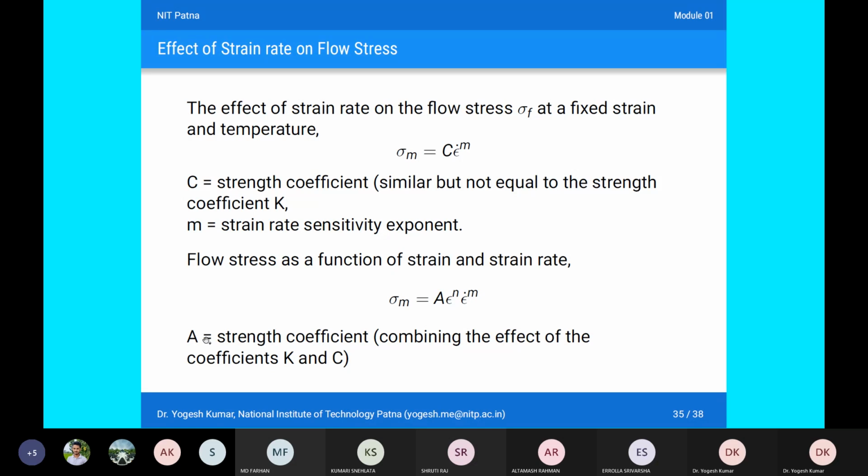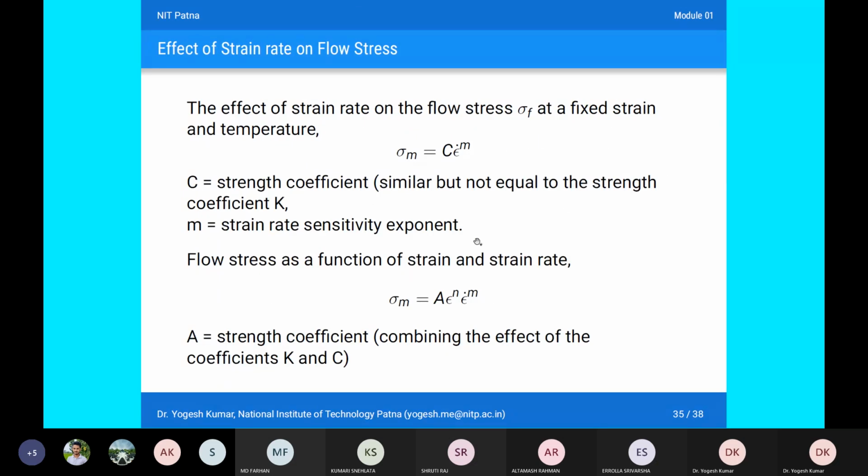Again, A is a strength coefficient, which is the combining effect of the coefficient K and C. Your coefficient C was similar to the strength coefficient, but not equal to it. So the combined effect of your K and C is represented here by a new constant A.